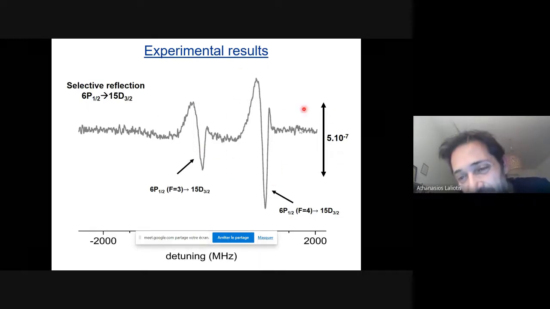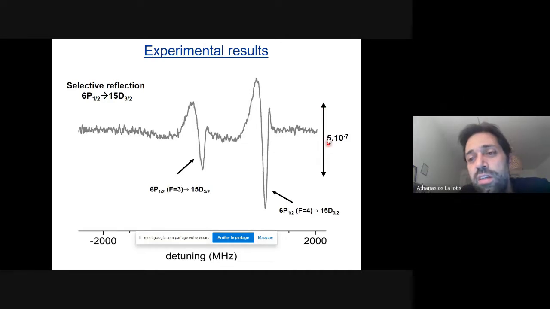You can see how small the signal is, almost smaller than 1 part per million, 1 ppm, 5 times 10 to the minus 7. But here it is. It's there, and we can try to see how it fits with our theoretical models.